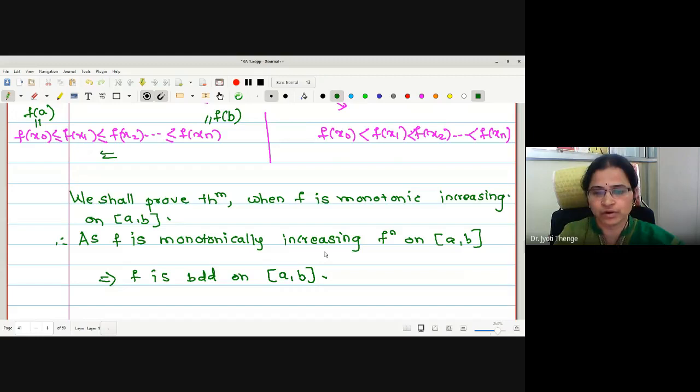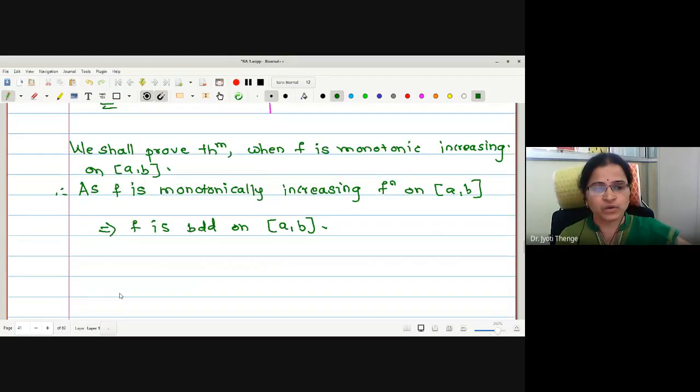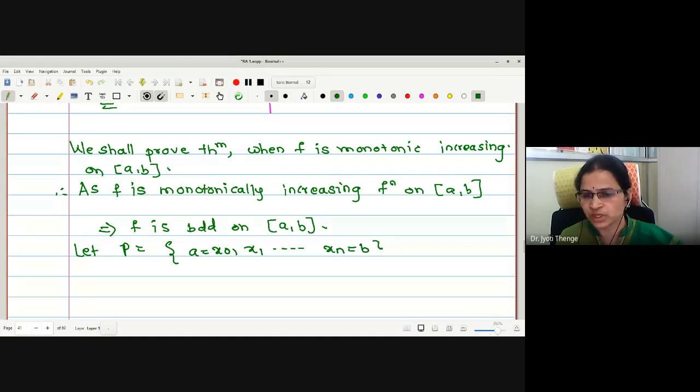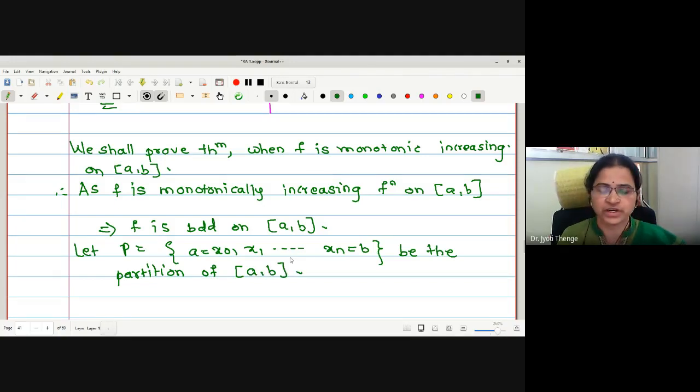It is bounded on closed interval AB. Now we will consider the partition. Let P equal to x naught, x1, dot dot up to xn equals to b, be the partition of the closed interval AB.